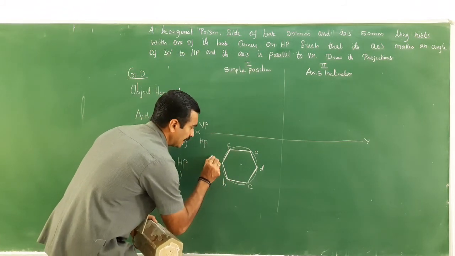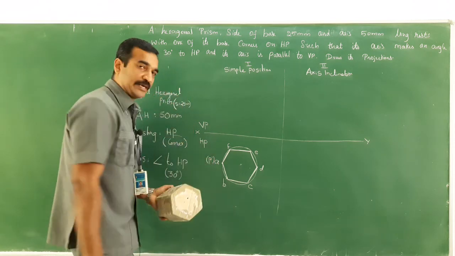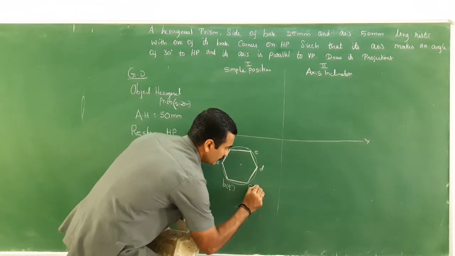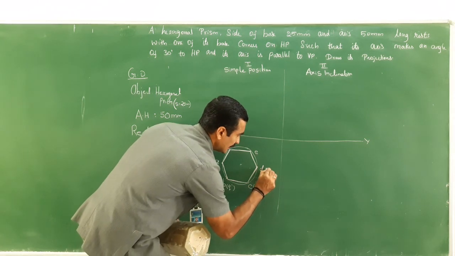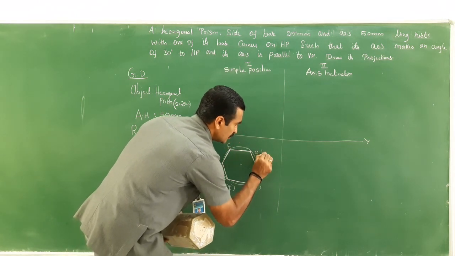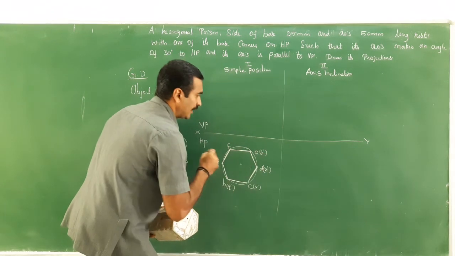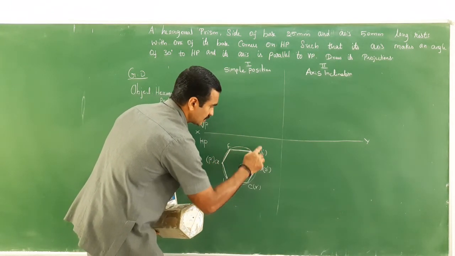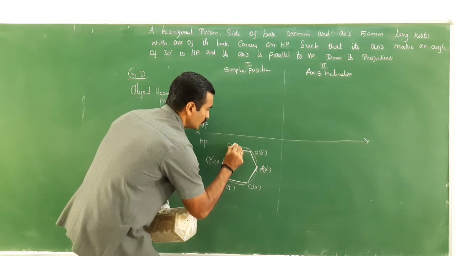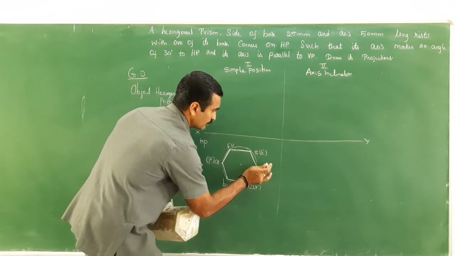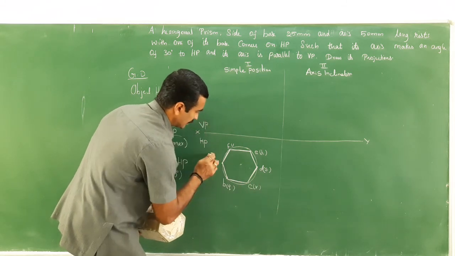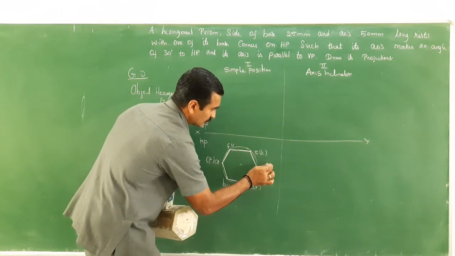So let me take P dash starting from P. P dash is invisible. Q dash, R dash, S dash, T dash, and P, Q, R, S, T, and U. Sorry, not dash, because it's a top view, so it doesn't carry any notation of dash.